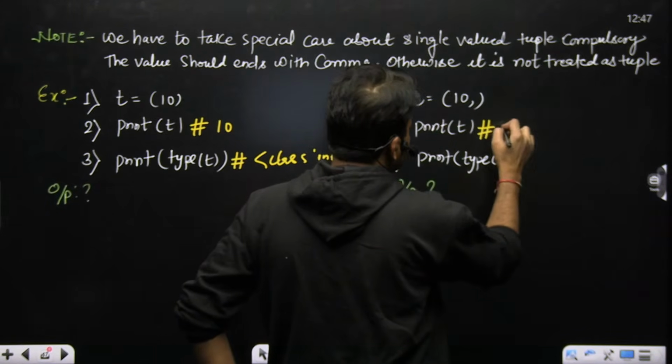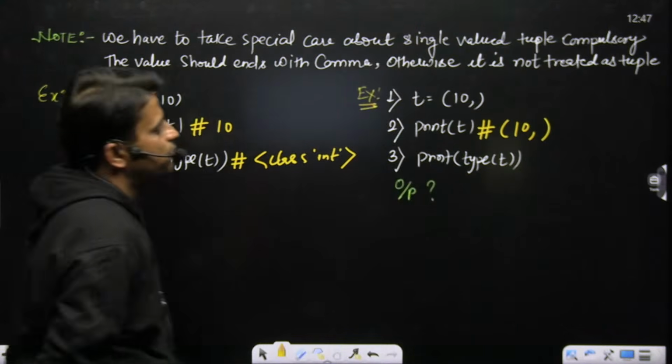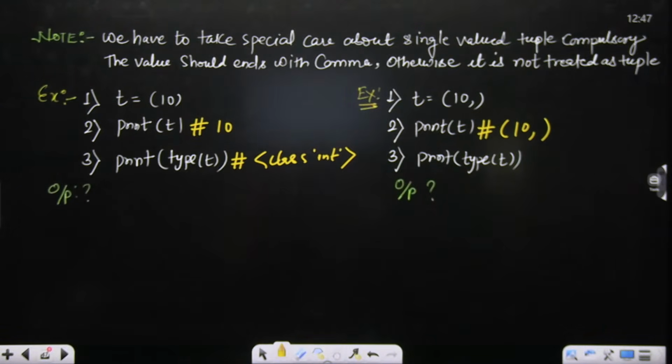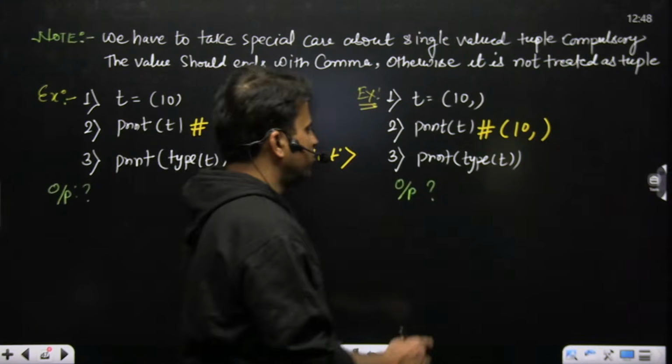If you print this, then it prints 10, student. So this is the meaning, student. This is a tuple having one element, Simran Kumari, with a comma. Okay, print the type of T. What does it print?